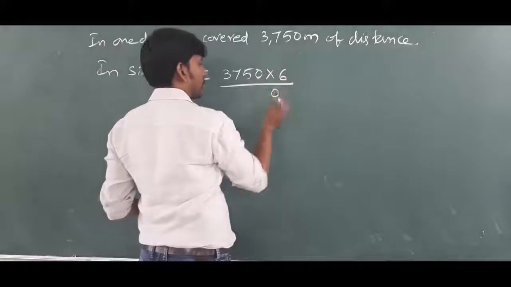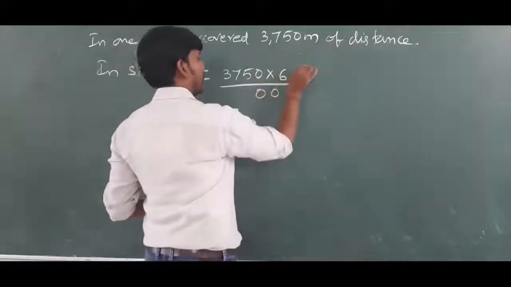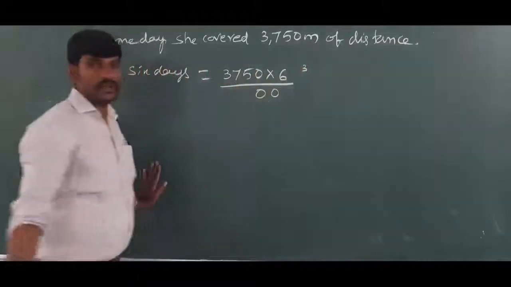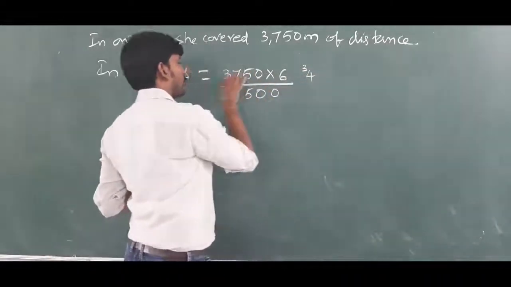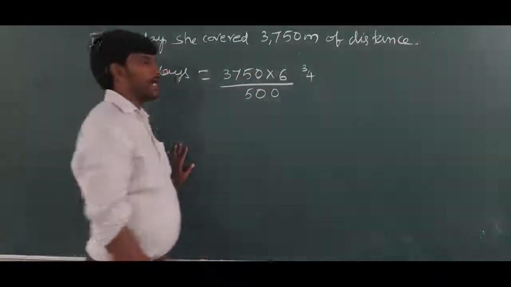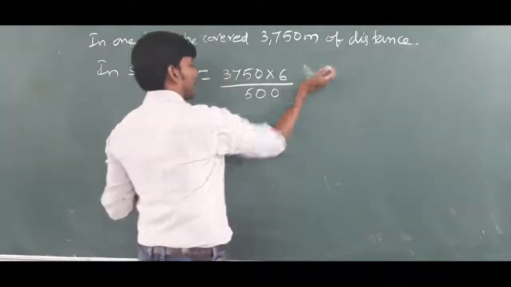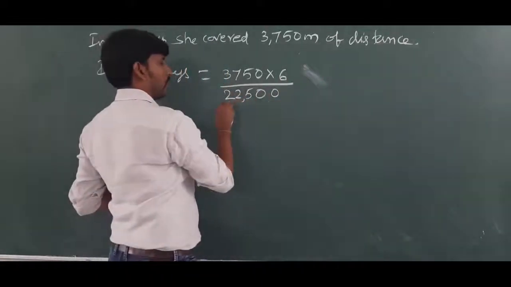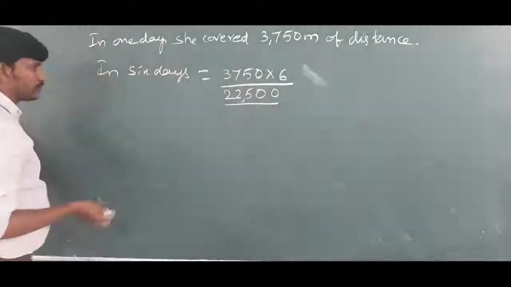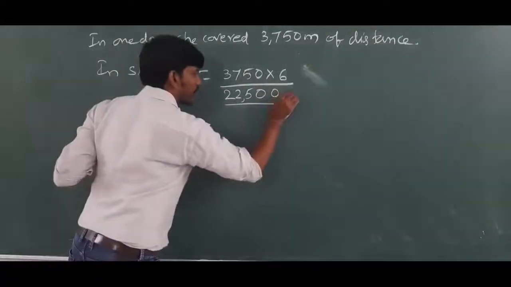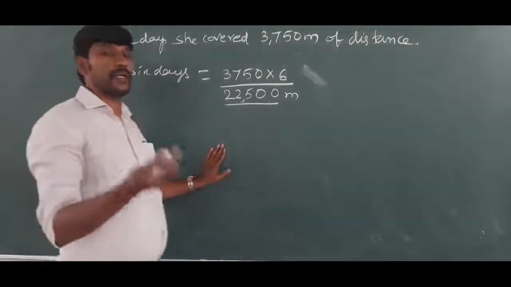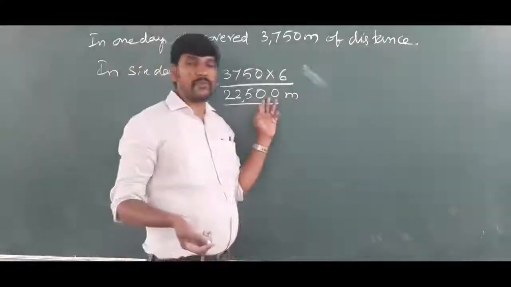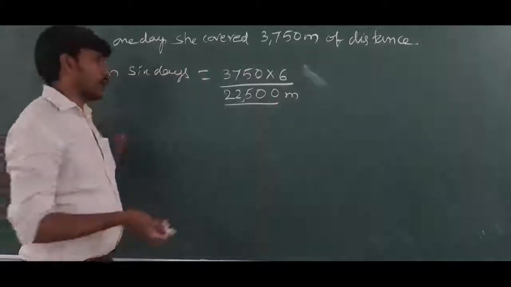6 into 0 is 0, 6 5s are 30, 3 carry forward, 6 7s are 42 plus 3 is 45. Okay, 4 will be carry forward. 6 3s are 18, 18 plus 4 equal to 22. So these many meters she traveled, but the question is in terms of kilometers and meters. After getting the answer in terms of meters, convert into kilometers.